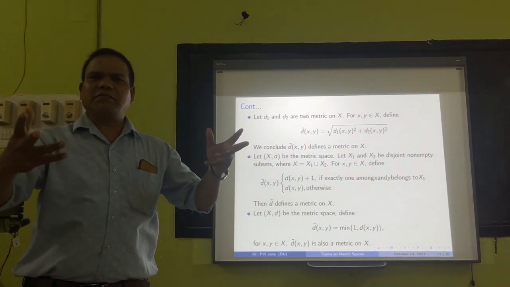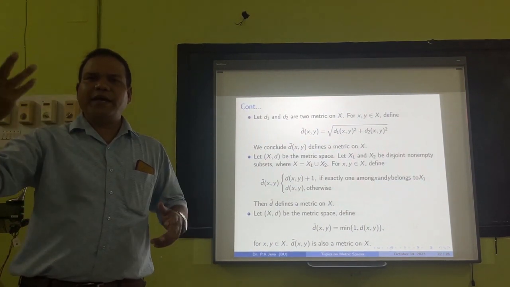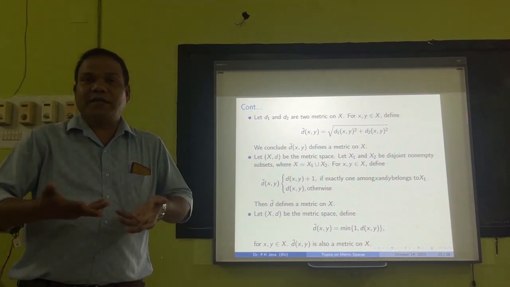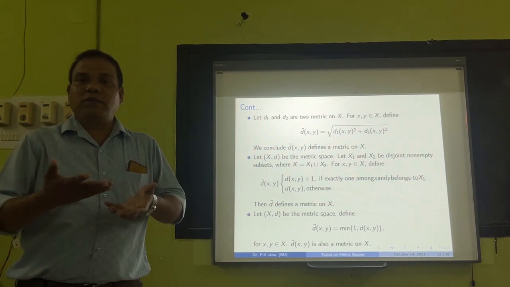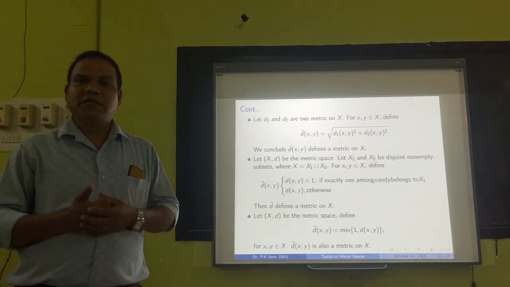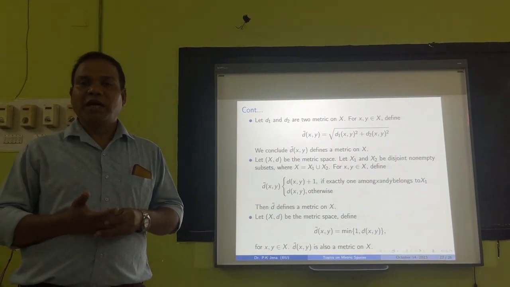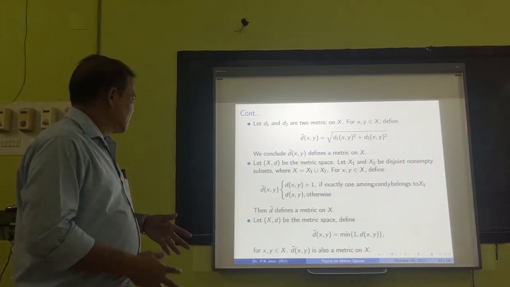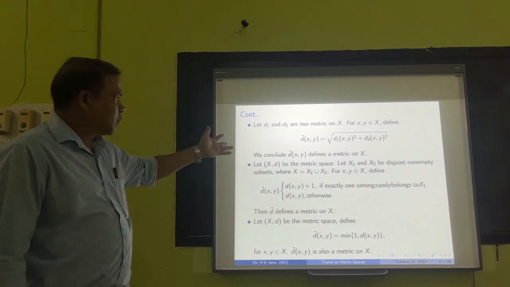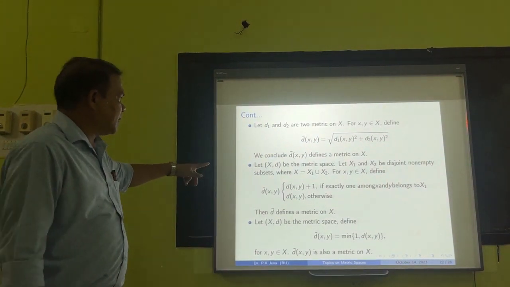We considered Rn, Cn, Lp, C[a,b], L infinity. Also you can define the metric on capital Lp, which we call the Lebesgue space, space of all pth power Lebesgue integrable measurable functions. So here we are taking union of two sets, whether you can define a metric or not.